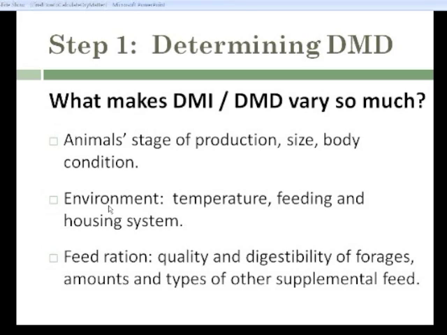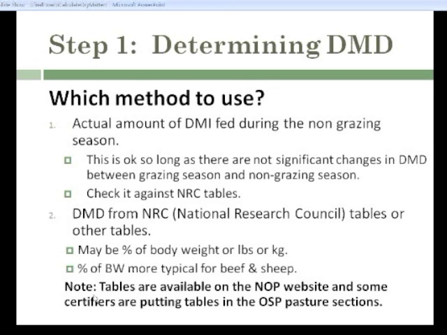And then the feed ration will also change the amount of actual dry matter demand or dry matter intake. The quality and digestibility of the forages, as we were talking about before, as that changes, that will increase or decrease the total amount of dry matter the animals are eating. And then the amounts and types of other supplemental feeds other than the forages will also change their actual amount of dry matter intake.